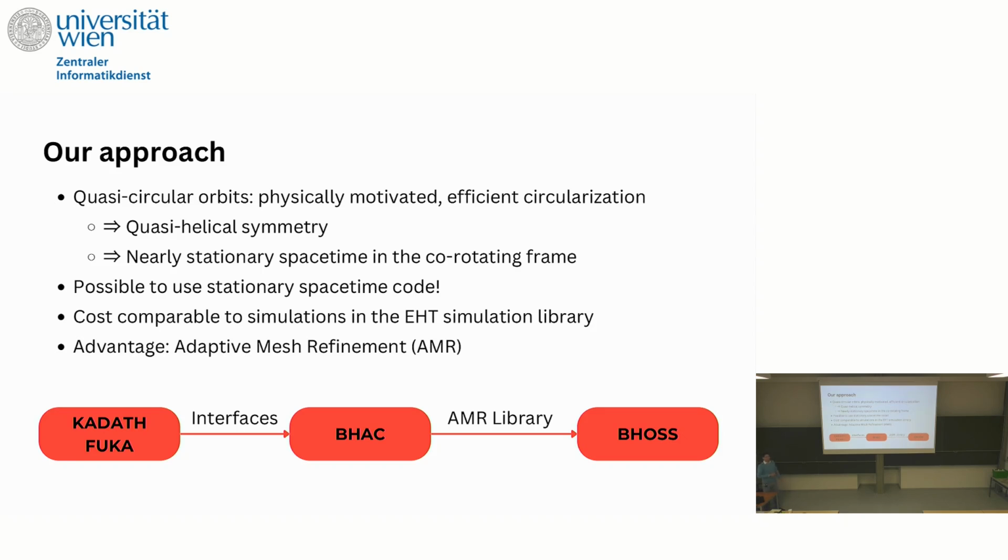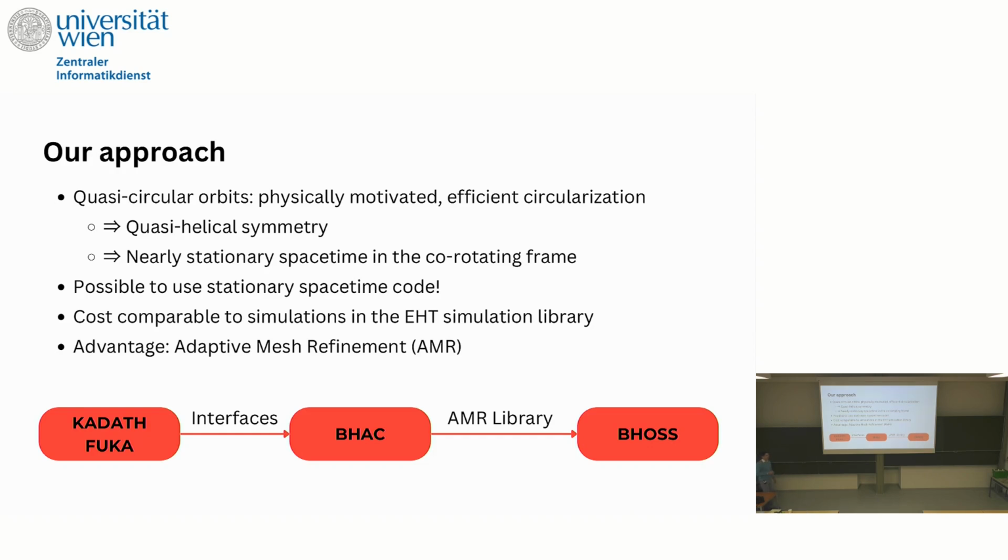This is very good for simulations because in this way the spacetime exhibits a quasi-helical symmetry in the phi and t direction. And you can consider the spacetime, therefore, as stationary if you choose a suitable foliation, which corresponds to locating yourself in the co-rotating frame of the binary.